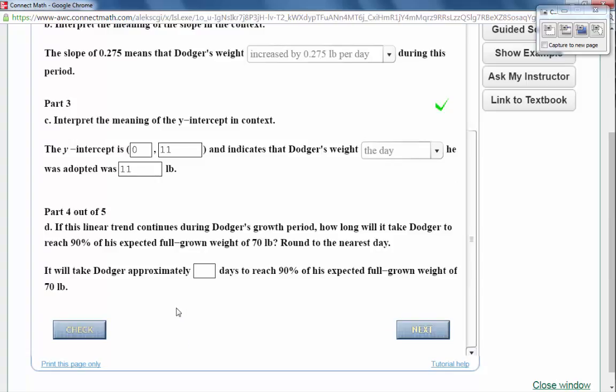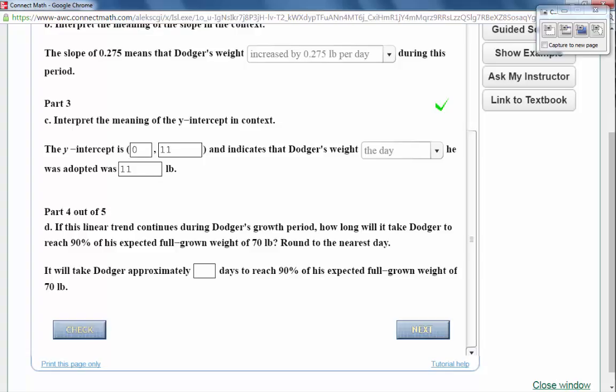When do you think Dodger is going to grow to 90% of his expected weight? So statistically, these puppies grow into 70 pounds eventually. But I want you to guess when this puppy is going to reach 90% of this 70-pound range. First off, let's compute 90% of 70.